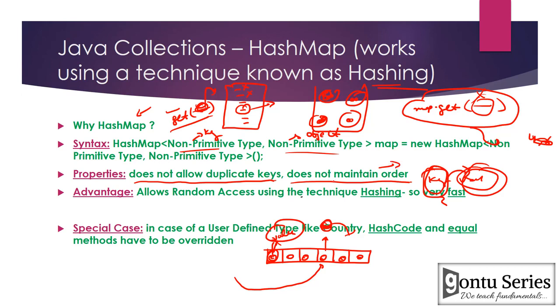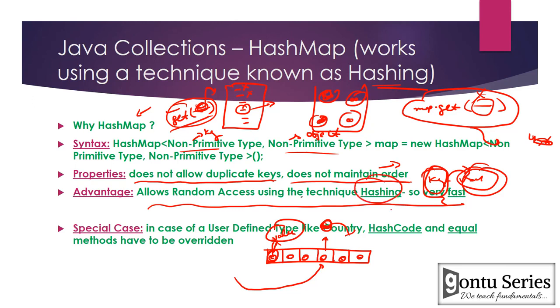So it doesn't maintain any order. But it uses the technique of hashing, and using that technique it allows random access. Whenever you run a get operation, it's going to give you the value stored against that key at very high speed.